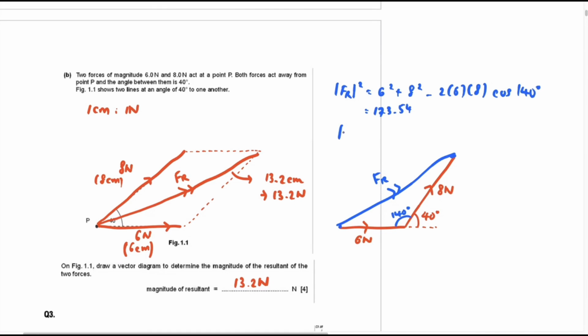Then we square root to get the resultant force as 13.2. So we can use the trigonometry method to handle it, or we can use scale drawing to handle it. Okay, let's see more questions.